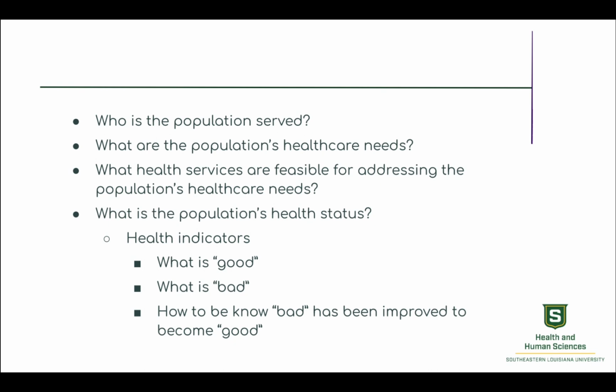But when we are interested in knowing how we have moved bad to become good, this is where we get involved in health outcome measurement or health outcome improvement, because we have identified that something is not so good, and we know where we want to take it, and then we do a bunch of things to get to that point.